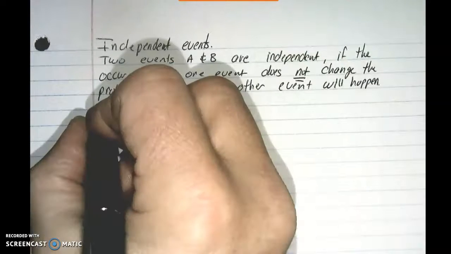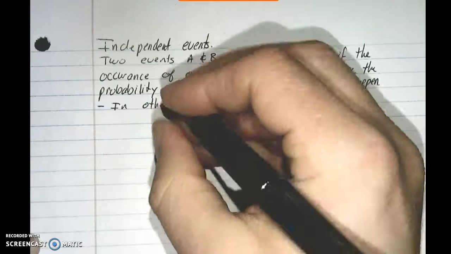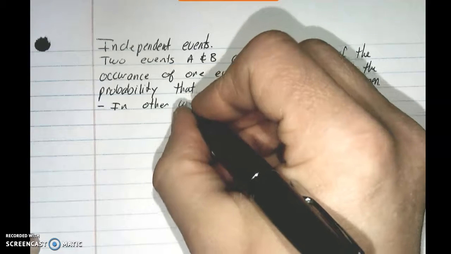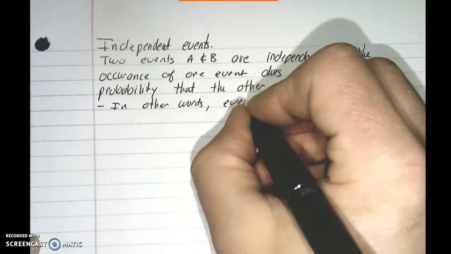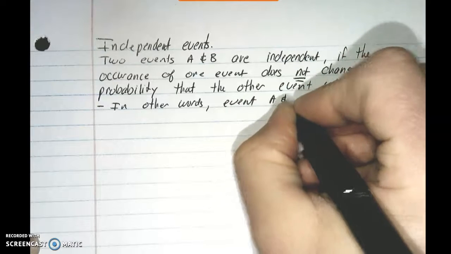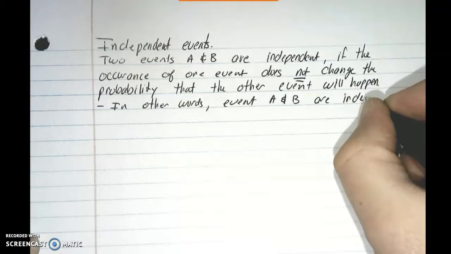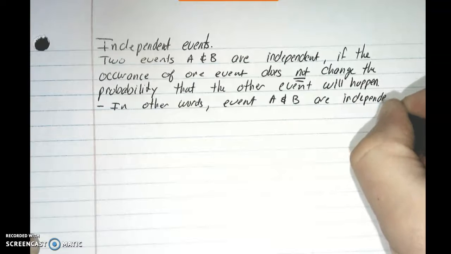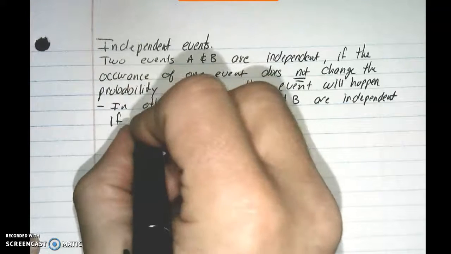And then, in other words, events A and B are independent. It should be if and only if, but we'll just say if.